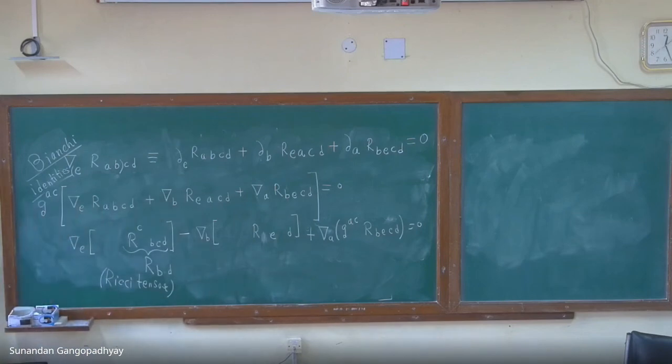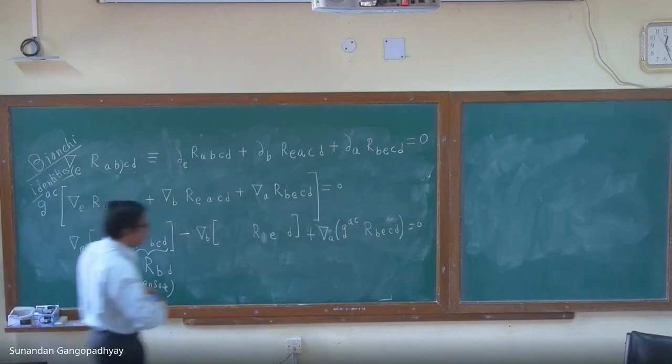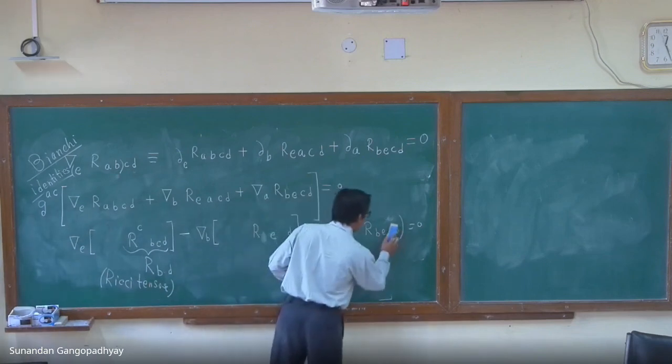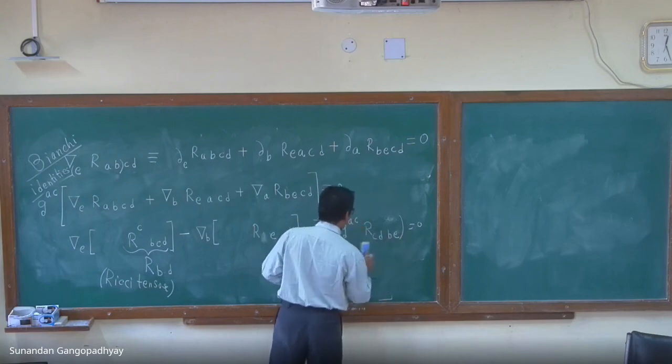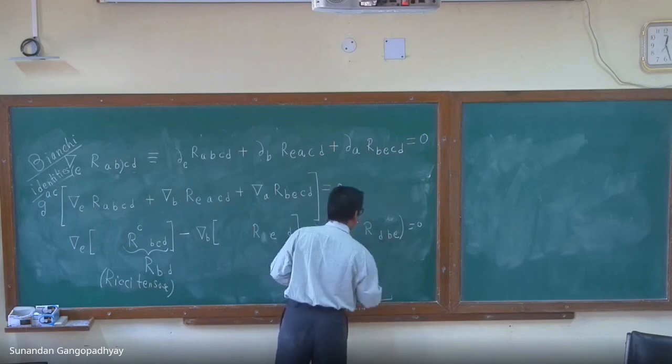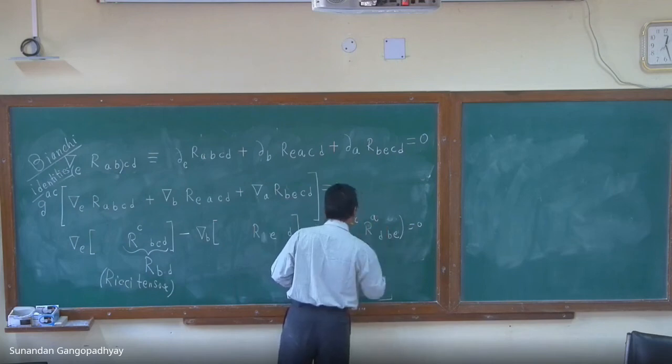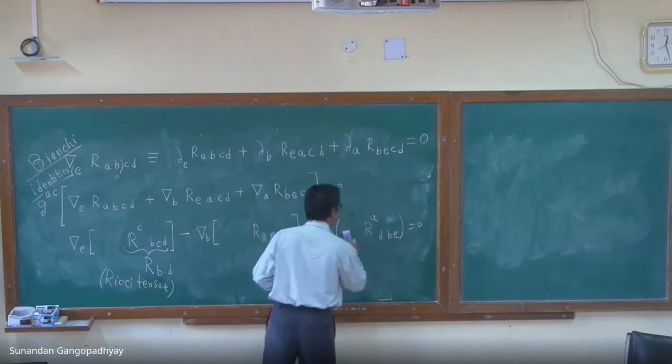And what about the last term? What can we do with that one? We need to do something with that one. We can apply the symmetry property, CD, DE, and then we can write this.